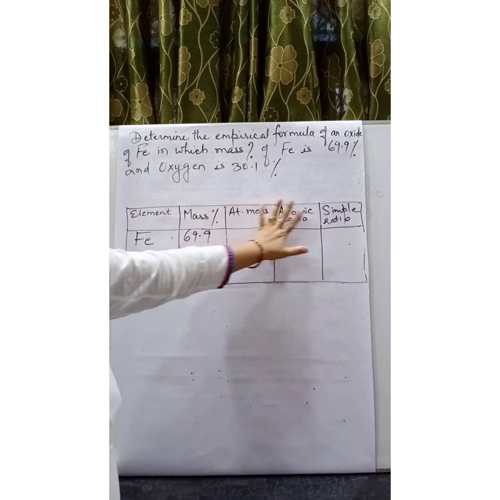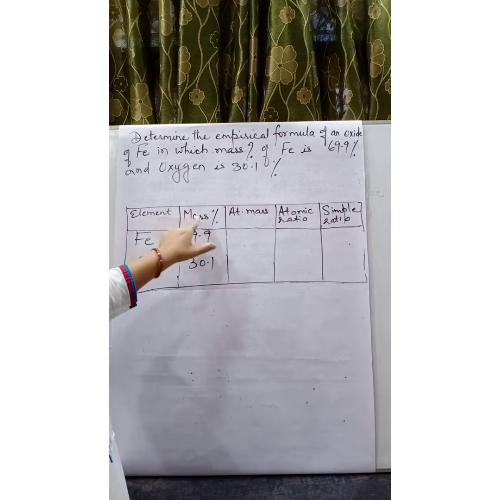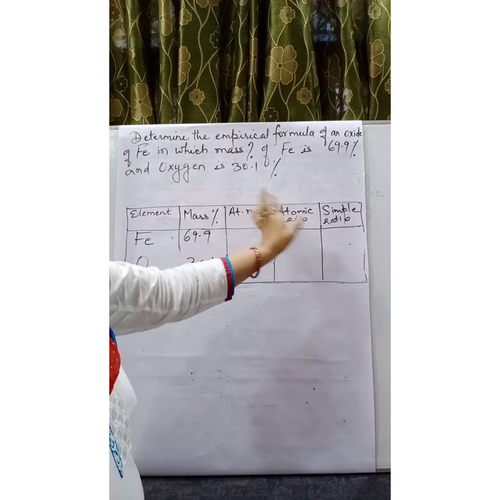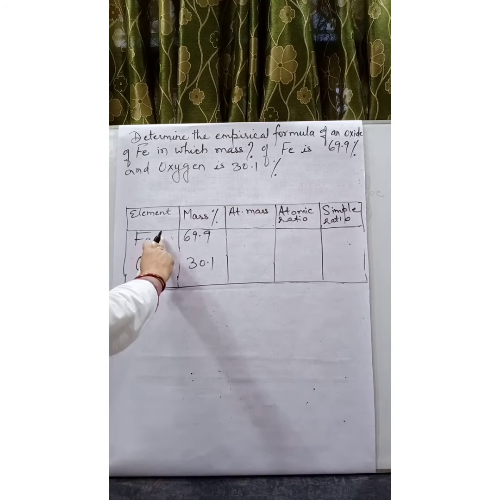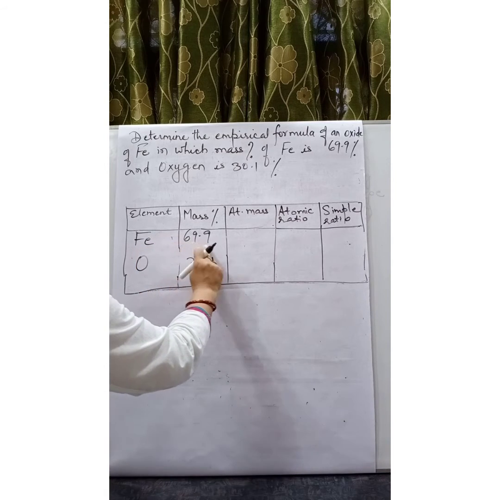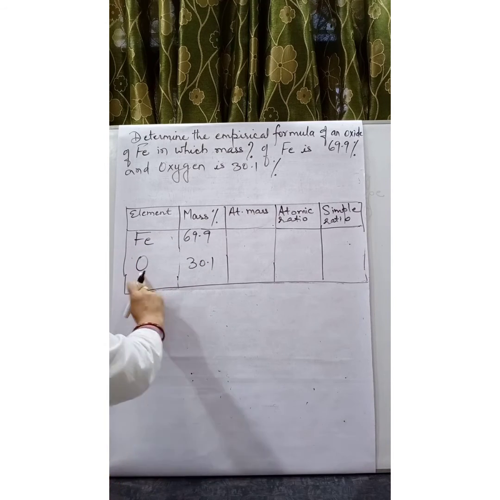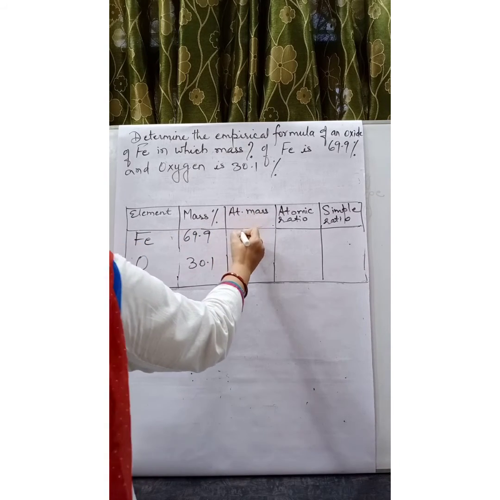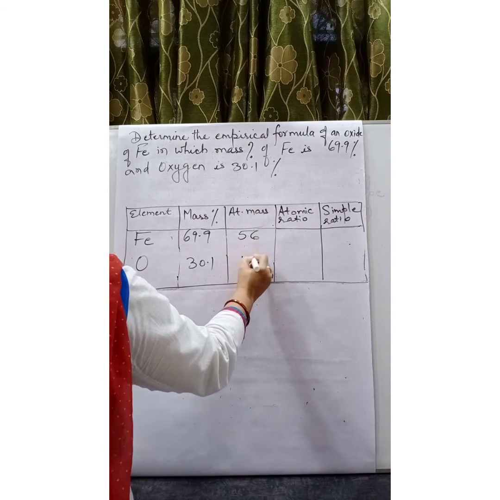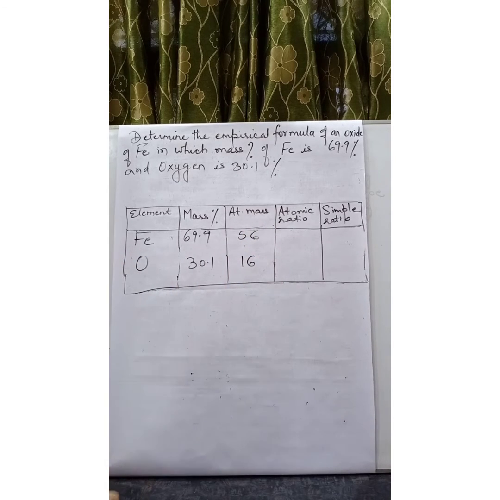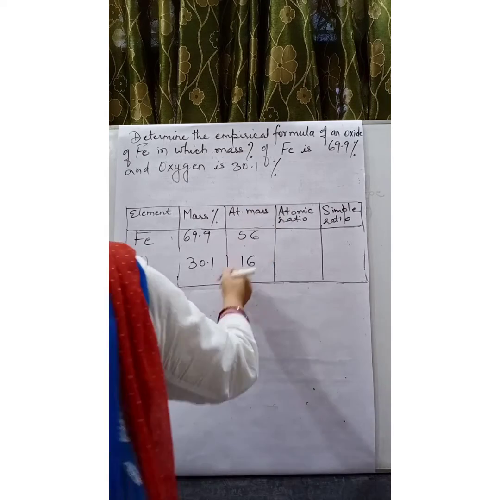So I have already written the table: element, mass percentage, atomic mass, atomic ratio and simple ratio. Now the elements present are iron 69.9% and oxygen 30.1%. Atomic mass of iron is 56, oxygen is 16. Now how will we calculate the atomic ratio?